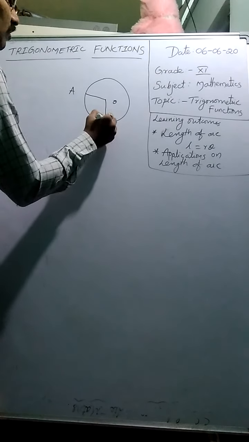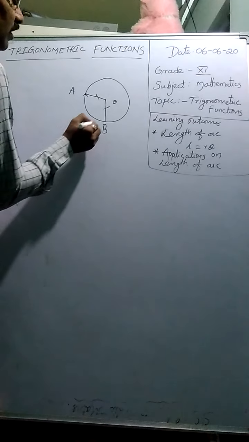Before going to do applications on length of arc, first you should know the meaning of an arc. As you learned in earlier classes, this is the circle. The center of the circle is O, OA is a radius, and OB is another radius.